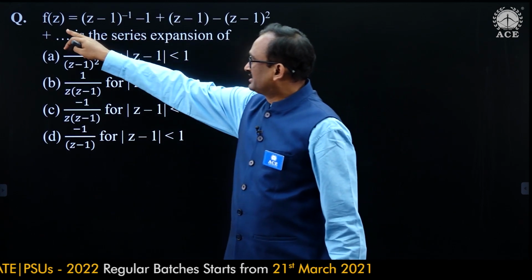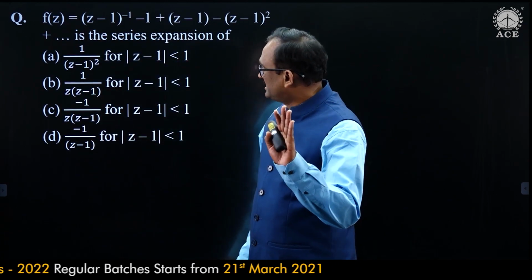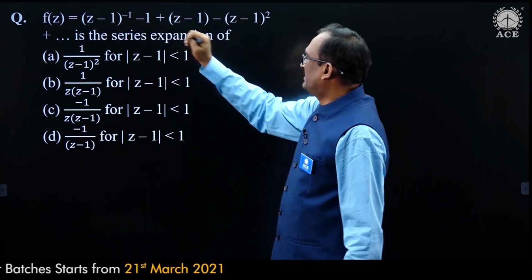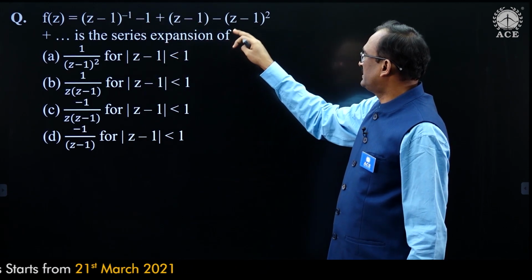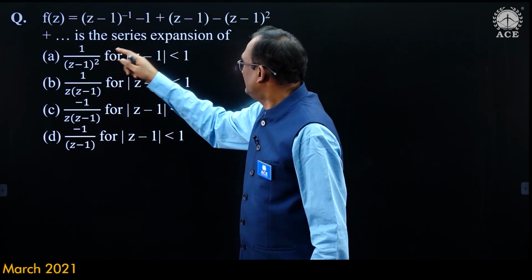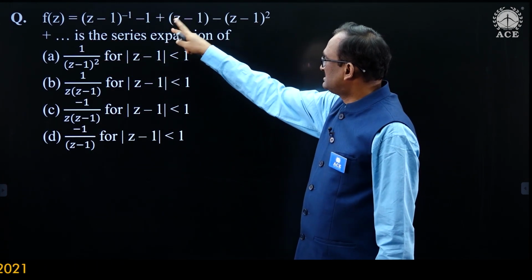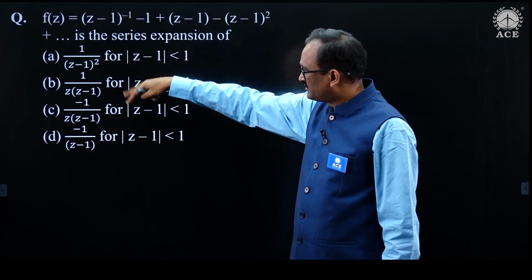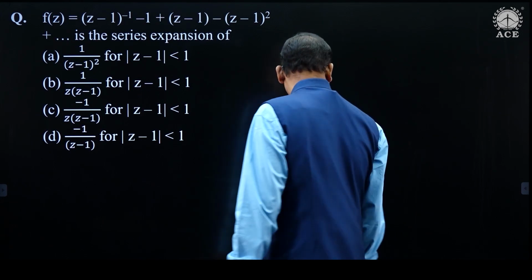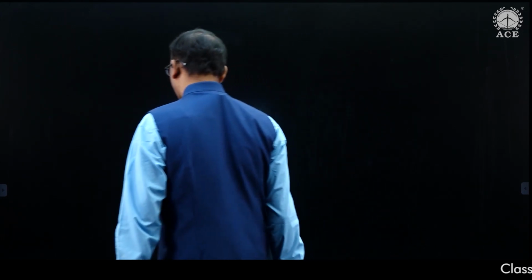Observe this. Next problem, f of z is equal to z minus 1 whole power minus 1 plus z minus 1 minus z minus 1 whole square plus so on. This series is expansion of which of the following given functions? Let us simplify. First of all, take the given function.